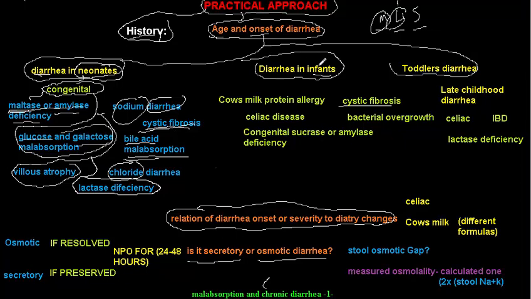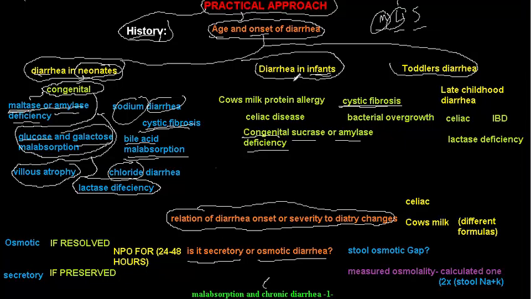What about diarrhea in infants? Diarrhea in infants has some causes in common with diarrhea in neonates, for example cystic fibrosis. Congenital sucrase or amylase deficiency may manifest in infants. But what is specific about diarrhea in infants is that we start to give the baby different types of food.